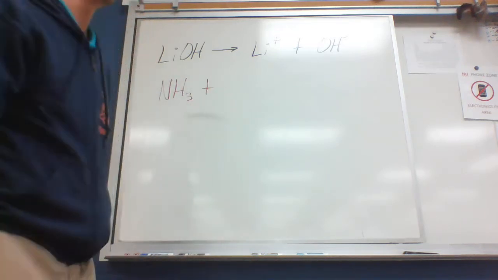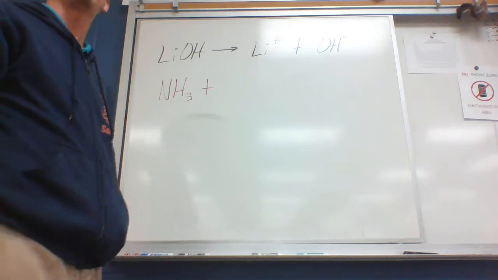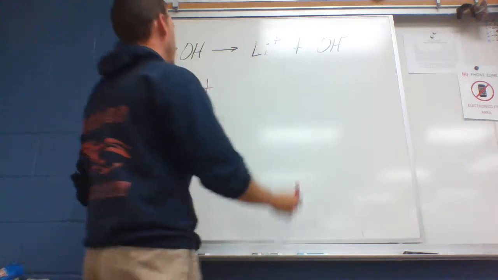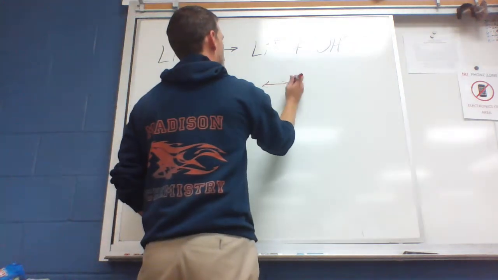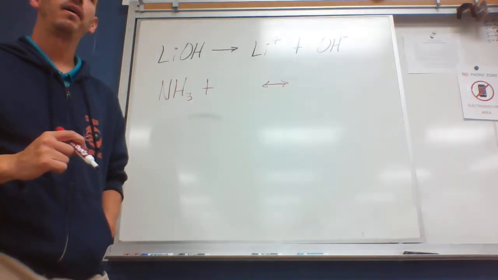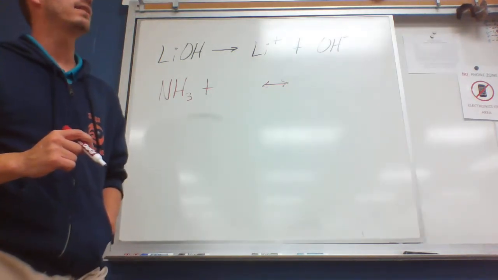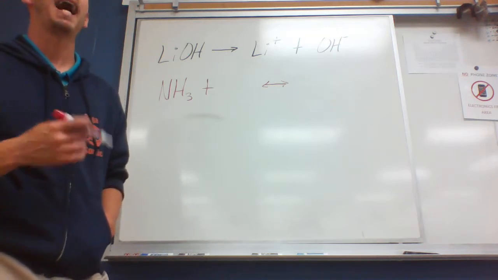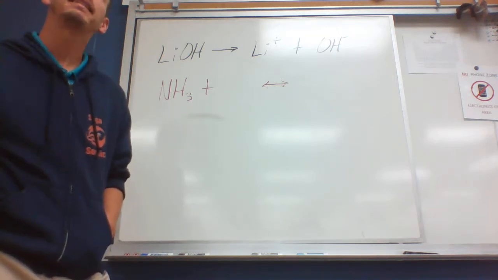What kind of arrow? I know there's a blank there, I'll talk about it, but what kind of arrow do we need here? The equilibrium arrow, because ammonia is automatically a weak base. Now, the reason there's a blank there is that ammonia only exists in gaseous form, so the only way to actually dissolve it in something is to add it to water.